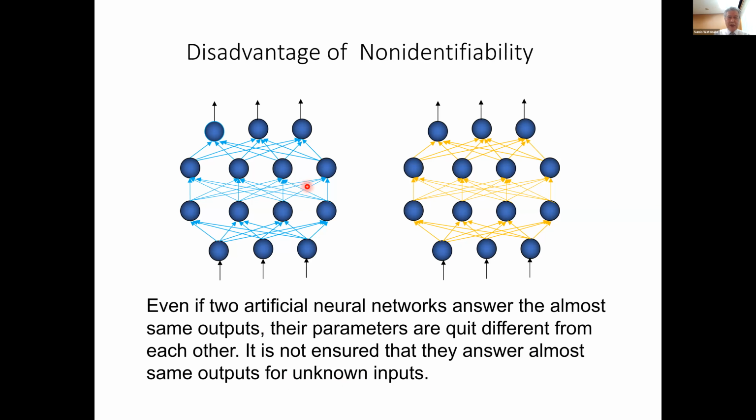This neural network and this neural network have different parameters, but they output almost the same output for the same input. However, for unknown input, it is not ensured that they give almost the same output in general. This is the disadvantage of non-identifiability.